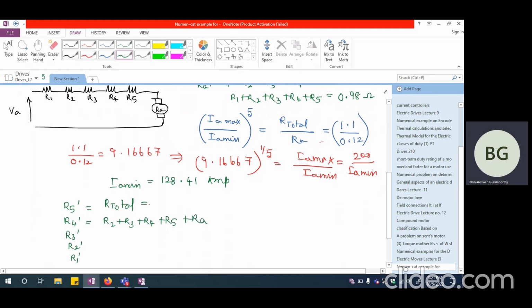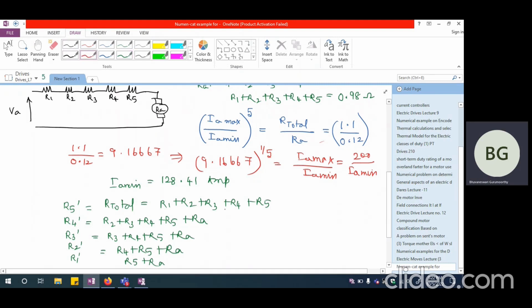So R1 is short circuited here in the second step. And similarly, R3 dash is going to be R3 plus R4 plus R5 plus RA. And this is going to be R4 plus R5 plus RA. So the last one will be R5 plus RA and I will have only RA. So these are going to be the different steps of resistances.